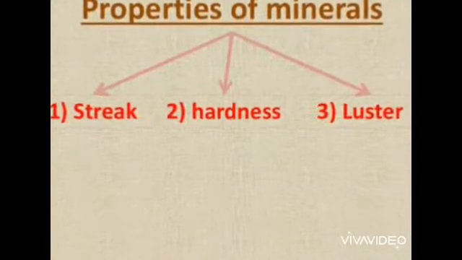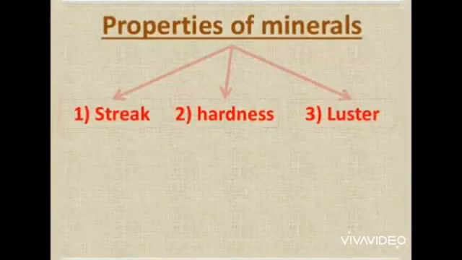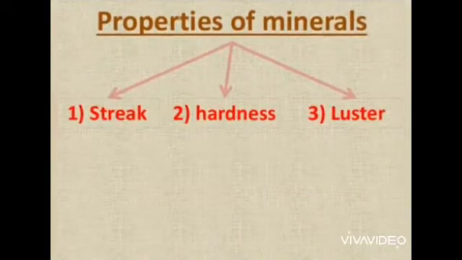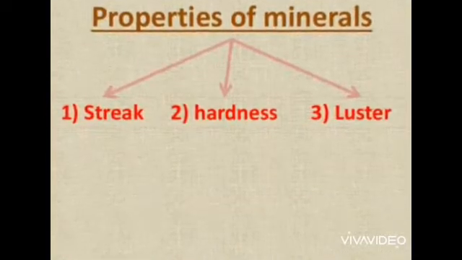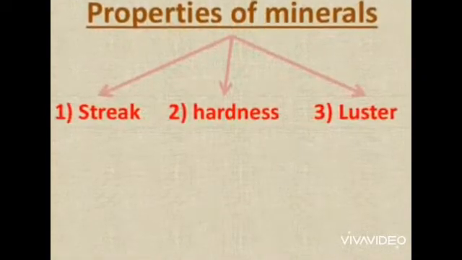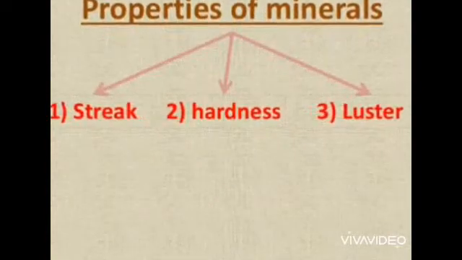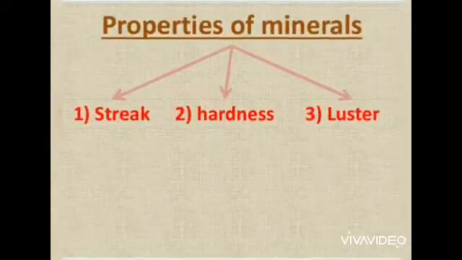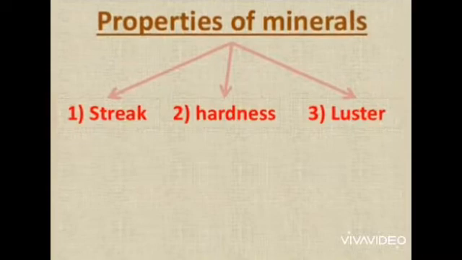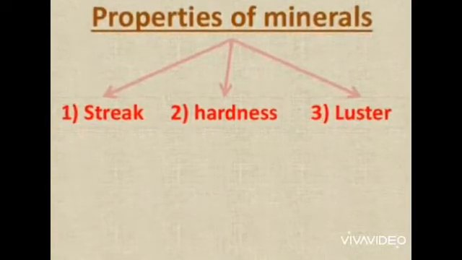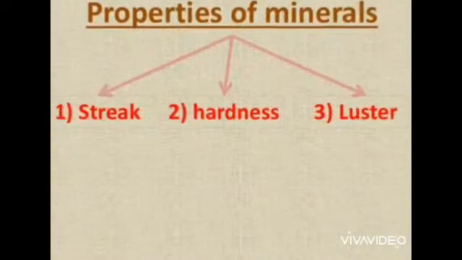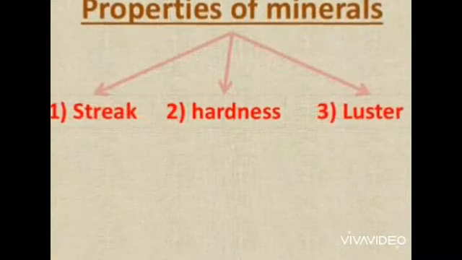The first property is streak. It is the color of the powder left behind when a mineral is rubbed against a rough surface. So that will help you understand what kind of rock it is.